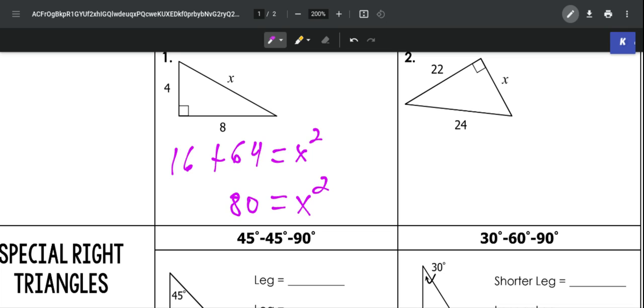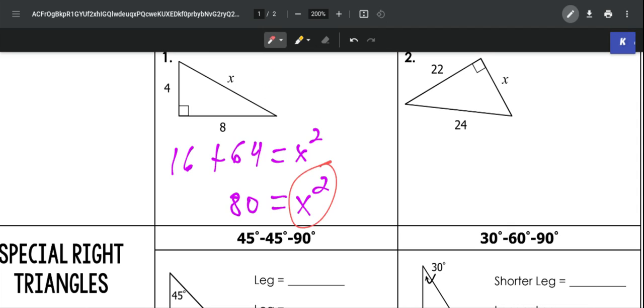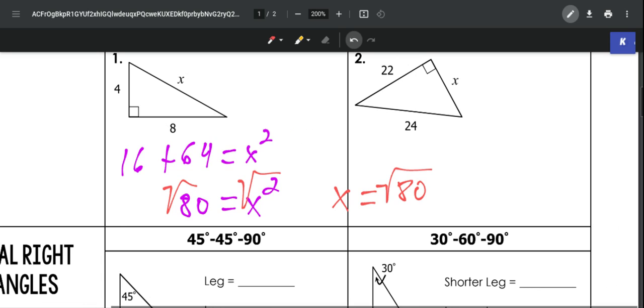You just have to remember, anytime you have something like this where we have an exponent on the variable, we're going to have to take the square root of both sides to get rid of it. So that's going to give me x is equal to the square root of 80. Then, if I want to reduce this, I'm just going to have to reduce this radical.